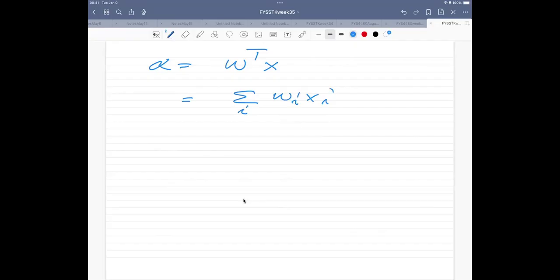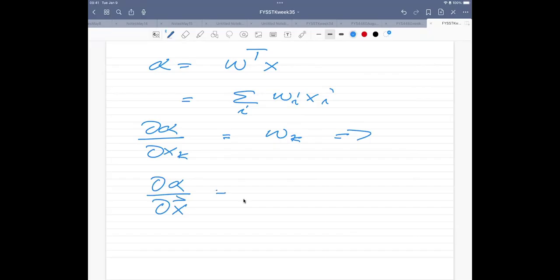I'm just not putting i equals 1 up to the dimensionality. Then I take the derivative d alpha/dx_k, and that is clearly just going to be w_k, because I pick a k in that sum over the i's. So when I want to rewrite this as a vector, d alpha/dx as a vector is simply given by this vector w.